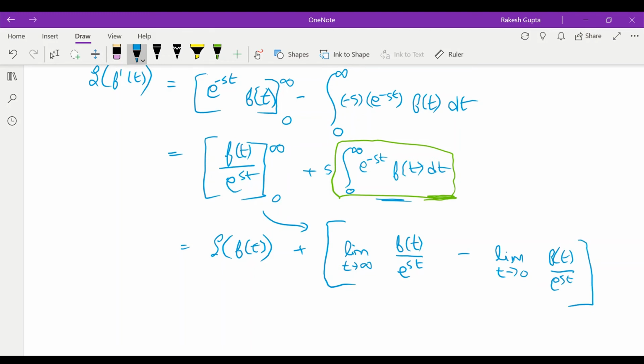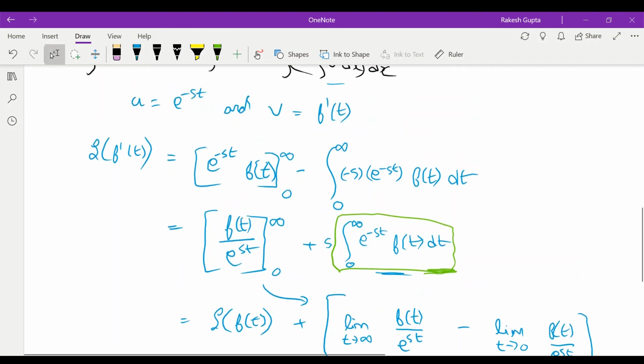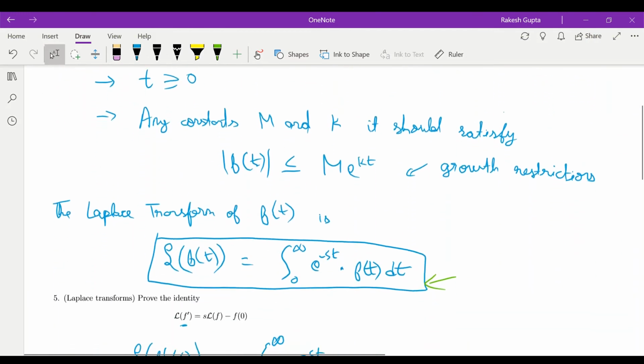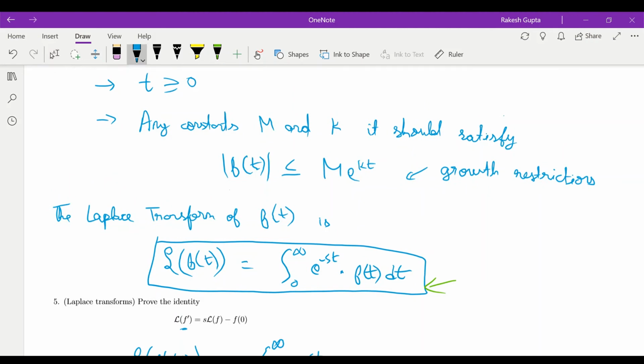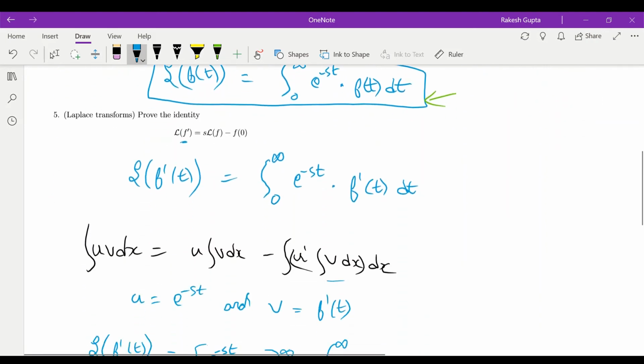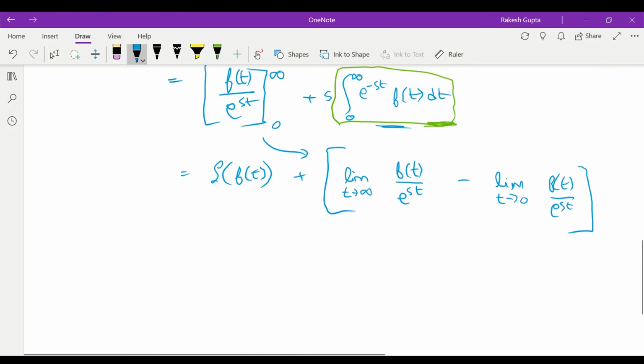So if you remember, initially we had the growth restriction that f of t is less than or equal to m into e power kt, where m and k are some constants. And over here, when we look in the denominator, we just have e power st. So according to this, the denominator e power st is going to grow at a much faster rate than the numerator f of t.